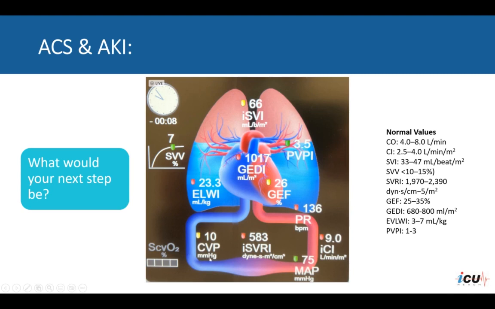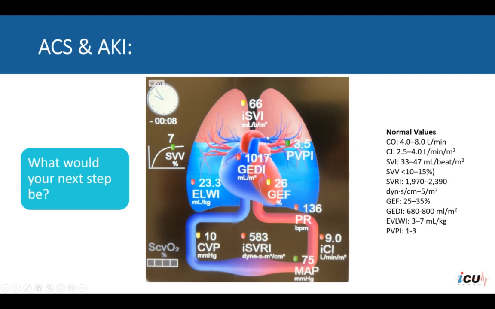Take a look at the CVP, also 10. So we can answer the nephrologist based on the preload here by saying that we don't think that this patient needs any further fluid. However, if we take a look at the contractility, the global ejection fraction is 26%, and the cardiac index is very high, 9.